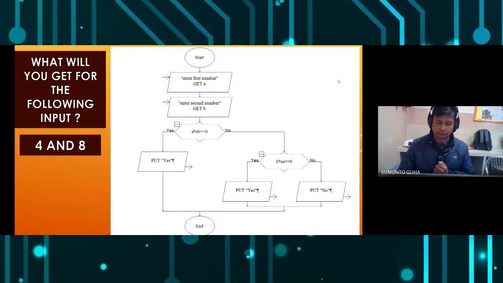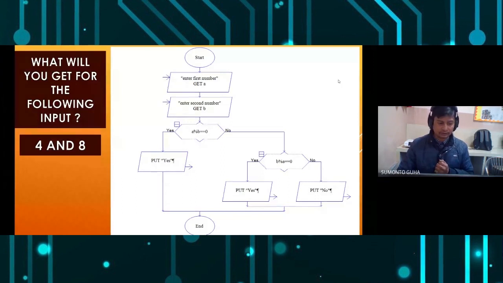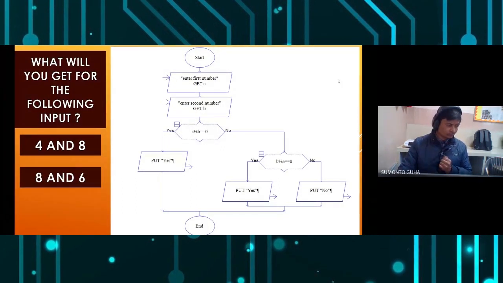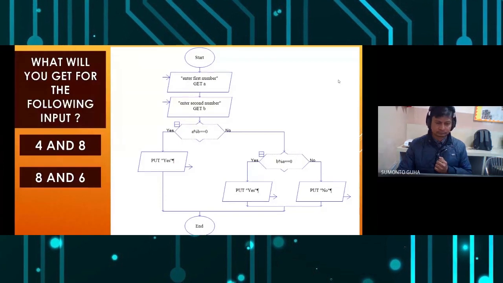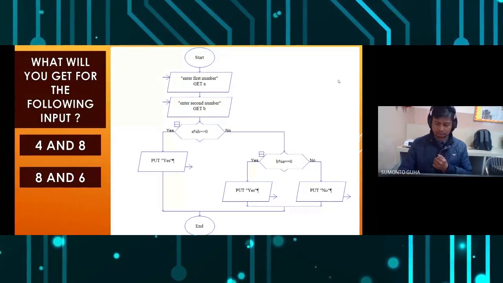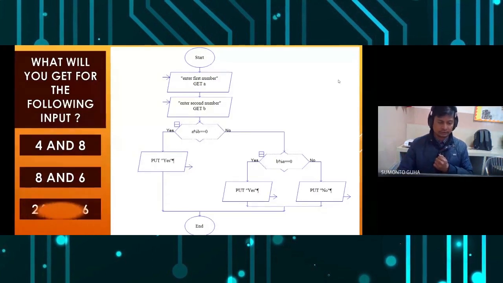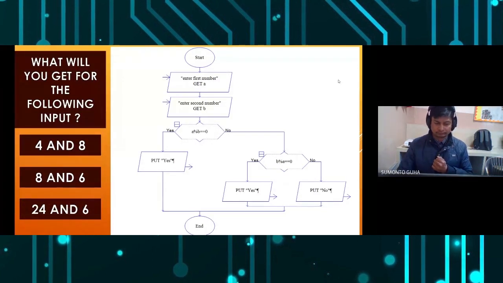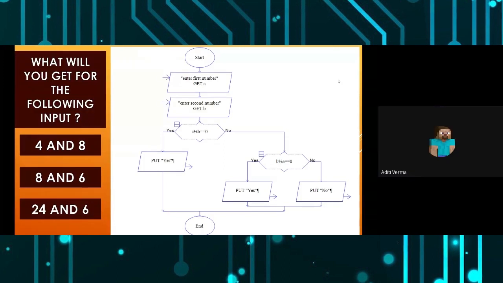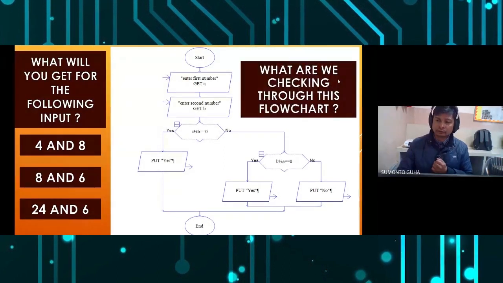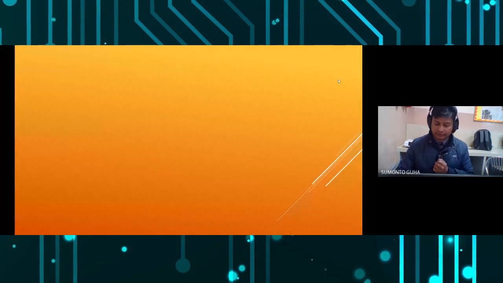Now 8 and 6. What will you get? We will get no. And 24 and 6? Yes. Right answer. So what are we checking through this flowchart? We are checking whether any one number is a factor of the other or not.